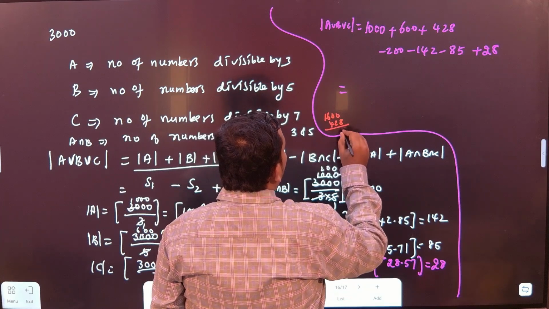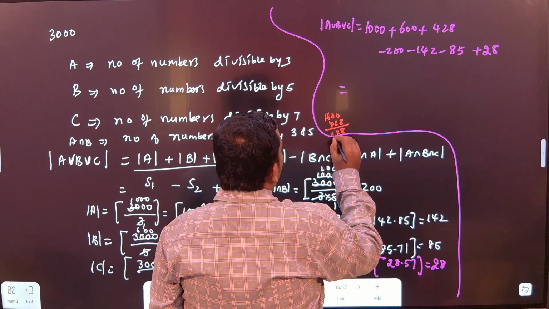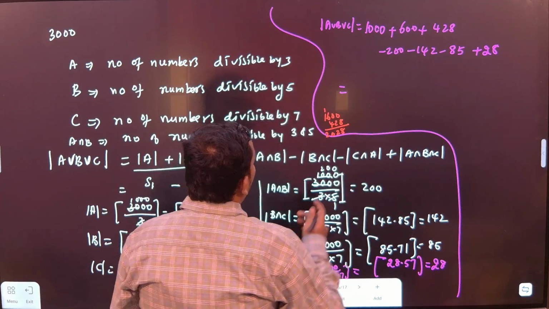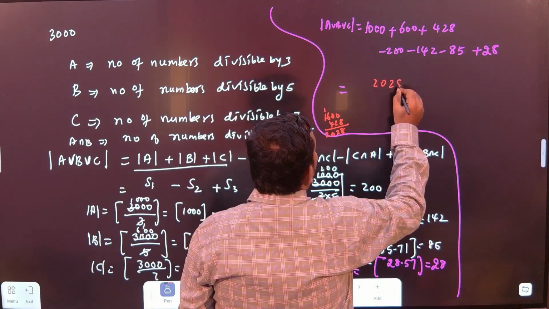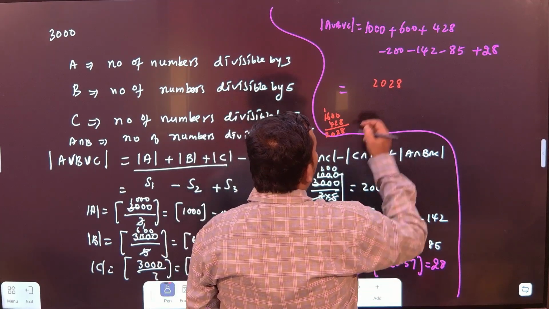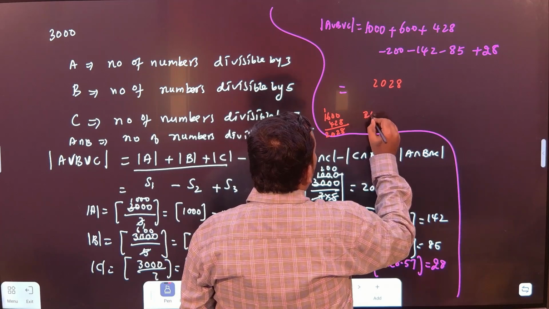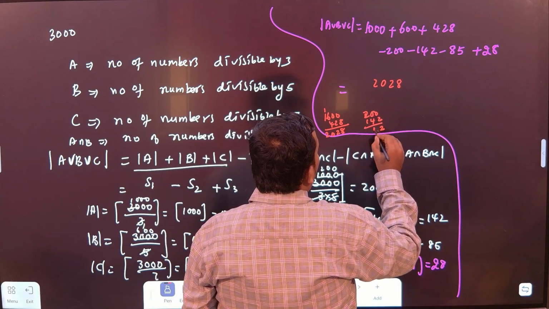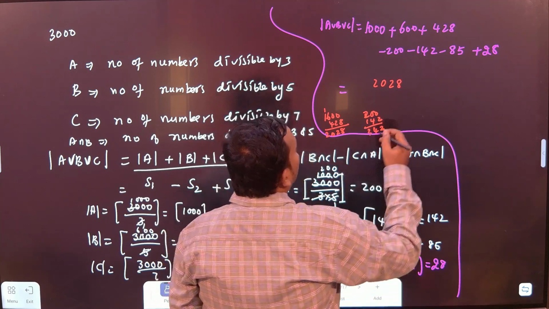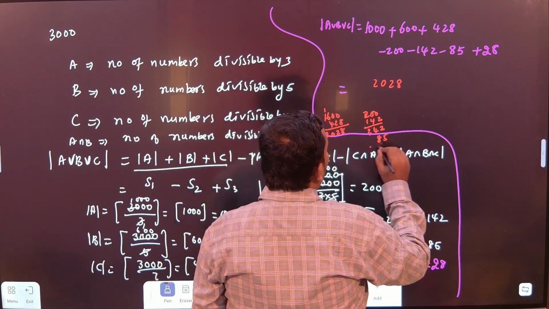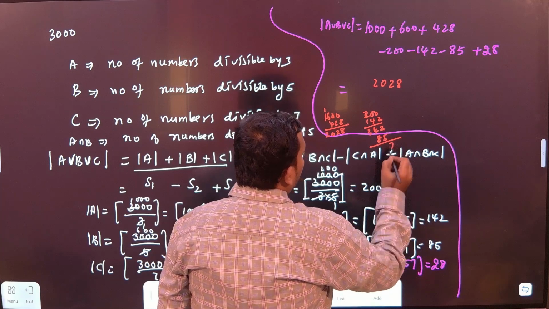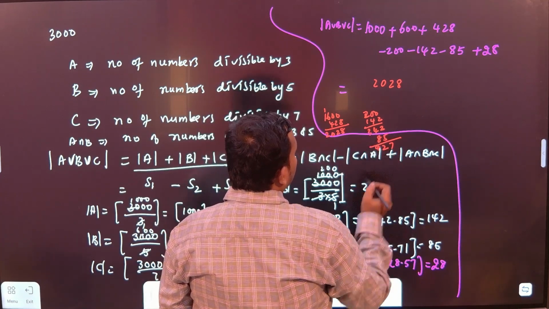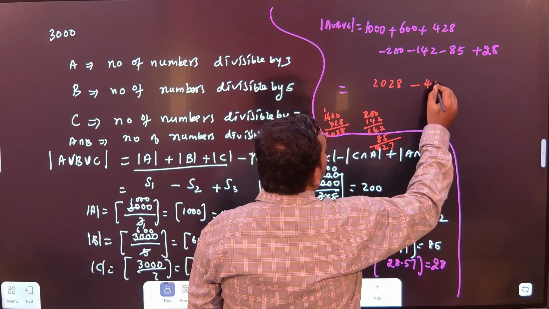How much will it be? 2028, right? 2028 minus 200, 142, how much will it be? 2028 minus 342, that is 1686. Then 342 plus 85 is 427.